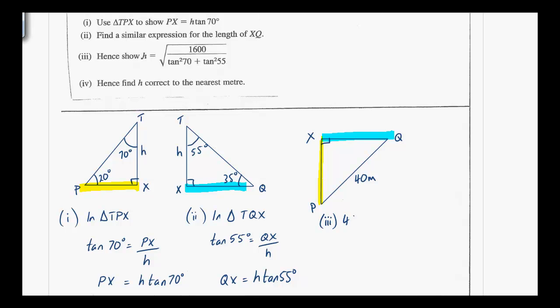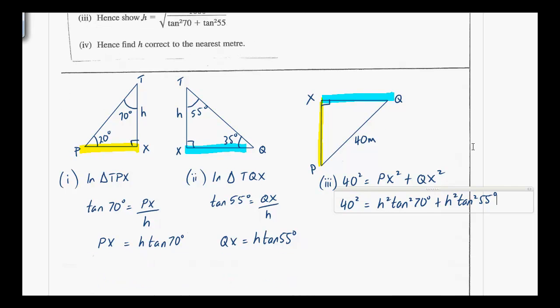So we've got 40 squared is equal to PX squared plus QX squared. So if we replace PX and QX with what we said they were equal to, PX was H tan 70, so that gives us H squared tan squared 70. QX is H tan 55, so squaring that gives us H squared tan squared 55.